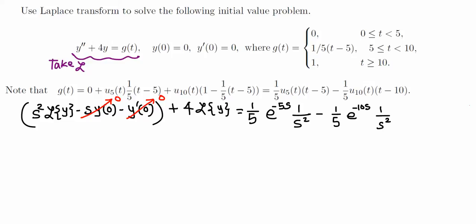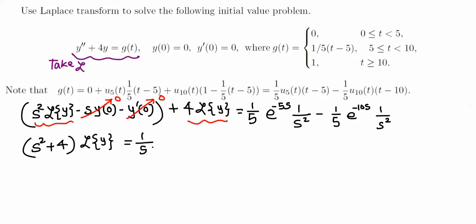Then we can factor Ly out from these two terms. Then we get (s squared plus 4) Ly equals, on the right hand side we just keep writing whatever we have. We can factor 1/5 out and 1 over s squared out as well, so 1/5, 1 over s squared, (e to the negative 5s minus e to the negative 10s).